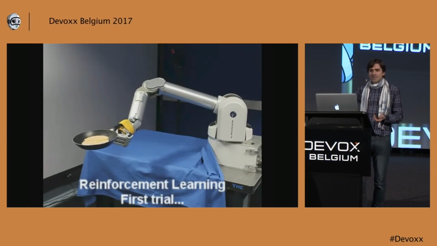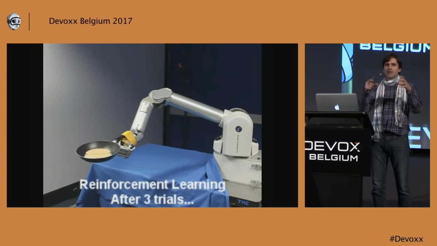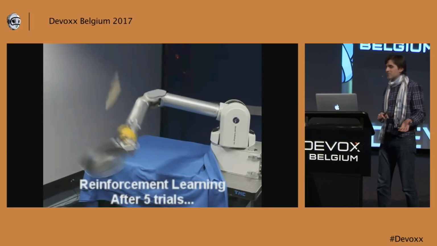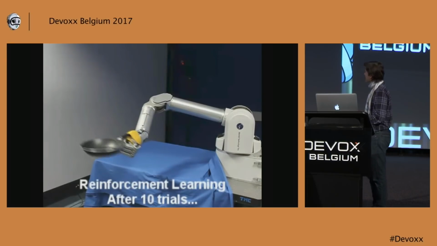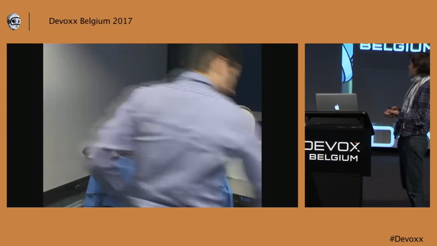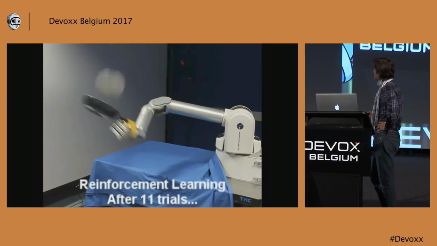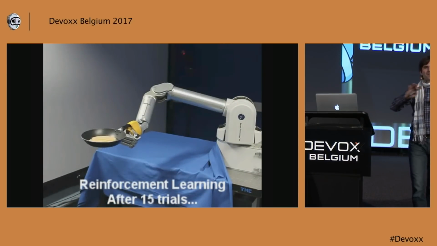Of course, the pancake itself is instrumented so that the robot has the information whether the pancake fell in the pan, if it flipped, or if it fell on the ground. And yeah, well, it's learning. It takes some time, but it's learning. And you will see that after 11 trials, it's still not very good. And it's really an end-to-end learning system.